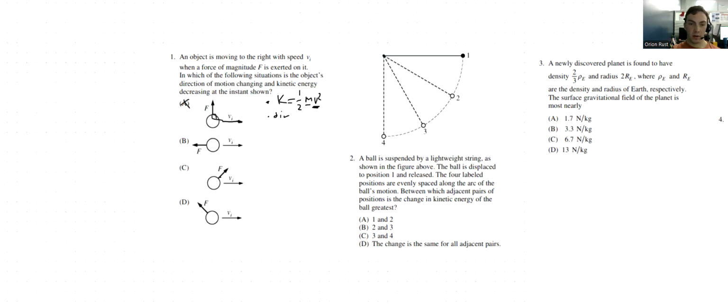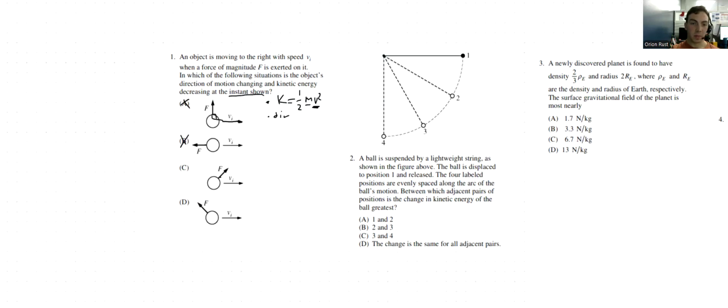Now, for option B, we do not have a change in direction. It will slow down, and it's at the instant shown, right? Eventually, the force will cause the velocity to change and go in the opposite direction, but in the instant being shown, we don't actually have a change in direction. We only have a change in kinetic energy or magnitude of the velocity. So option B isn't an option either.